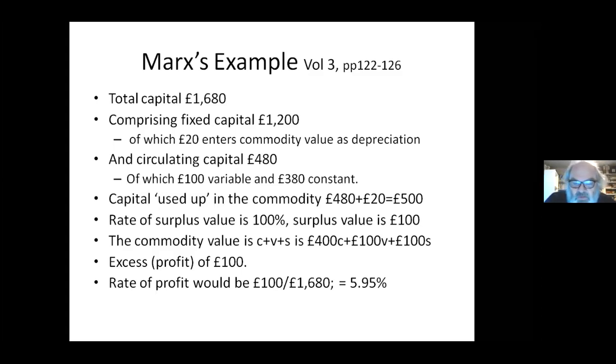So here, remember that the rate of profit, and this is the important point that I want to underline at this stage, is the surplus value over the total capital advanced. So the rate of profit in our example will be 100 divided by 1,680, i.e. just under 6%, and not 100 divided by, say, 500, which is just the capital passed over to the commodities.